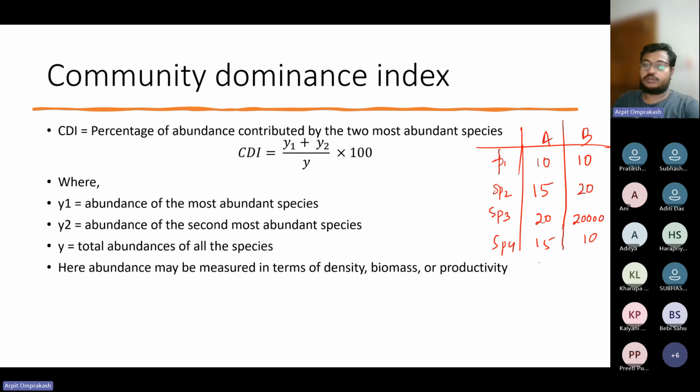So in this case, to calculate the community dominance index, we'll use these two species, 20 plus 16, divided by the whole thing. In the other case, it will be 20,000 plus 20 divided by the whole thing.